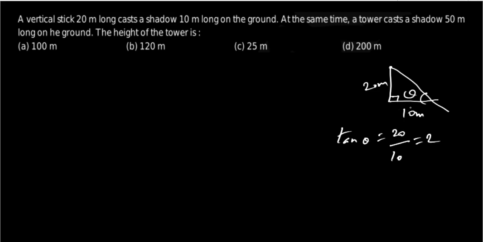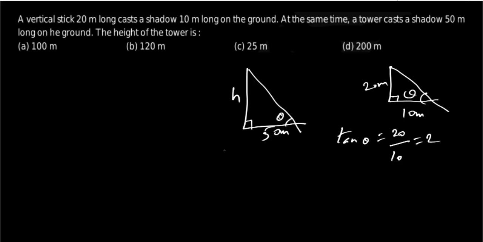At the same time, a tower casts a shadow of 50 meter long on the ground. The height of the tower is to be found out. This tower and the ground also make a 90 degree right angle, so here also we can apply the same idea. Let this be theta.